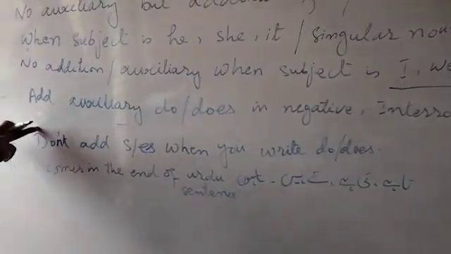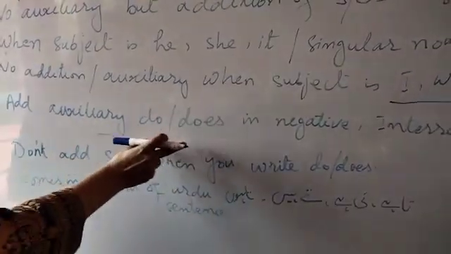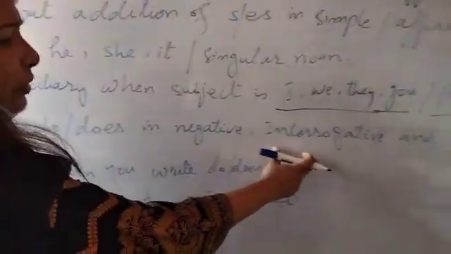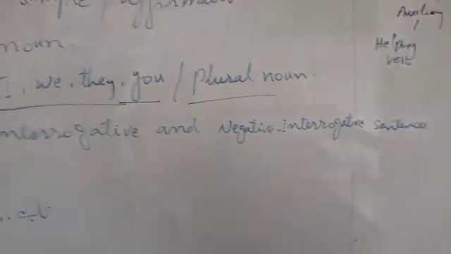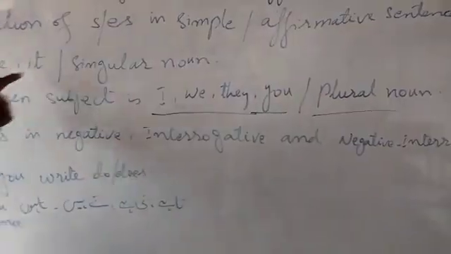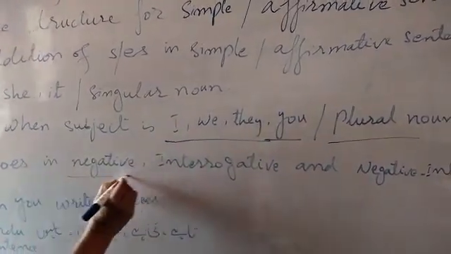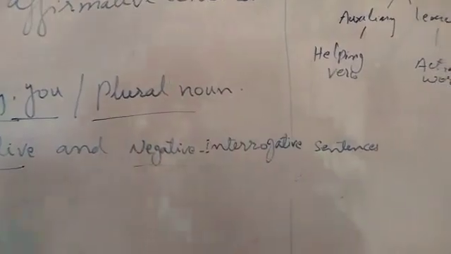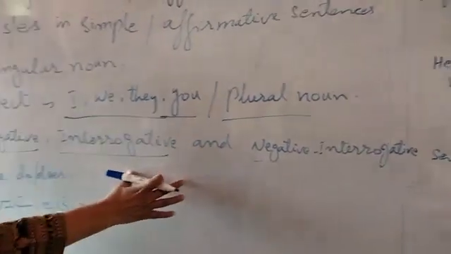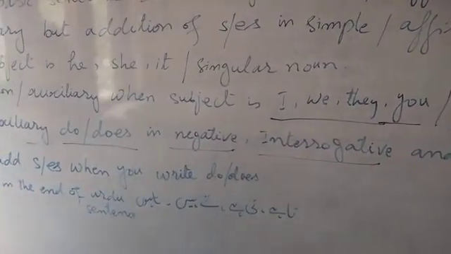Next, what I have written: add auxiliary do or does in negative, interrogative or negative interrogative sentences. Means we have 4 categories of sentences. Number 1 we have studied here, simple. Number 2, negative. Number 3, interrogative. Number 4, negative interrogative. If we have these 3 categories, then we need to do addition of do or does.